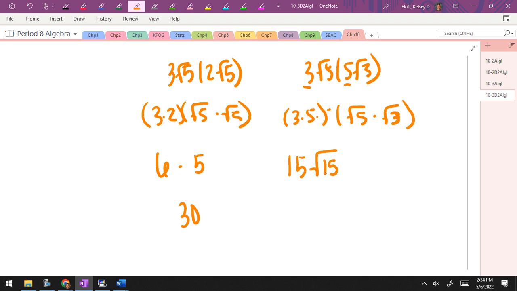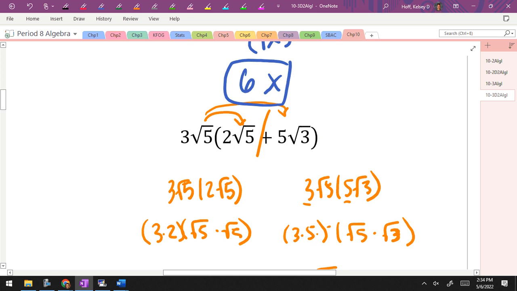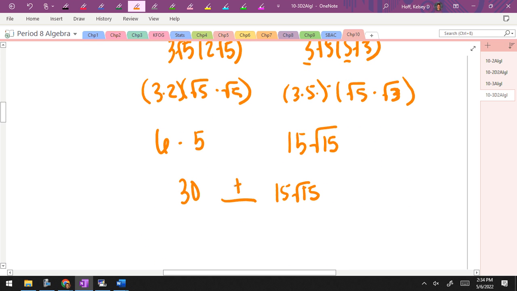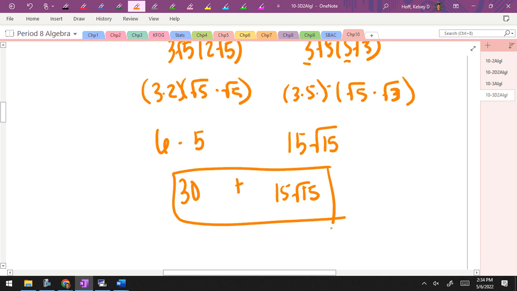Okay, but it's 5 times, I should have clarified. Can you break it down with a perfect square? No. Okay, so now you're left with 15 square root 15. And what's the relationship between those two? Addition, because you have your plus sign up here. Same concept, just a little more work.